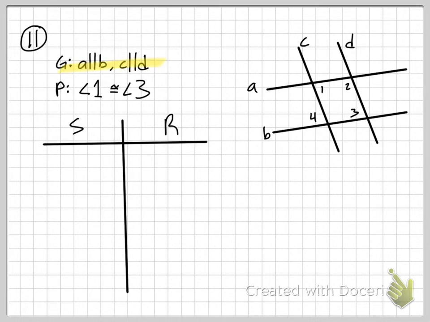We're going to write down our given. A is parallel to B. C is parallel to D. And our reasoning that was given to us. I'm also going to add those arrows in here so we can indicate parallel.